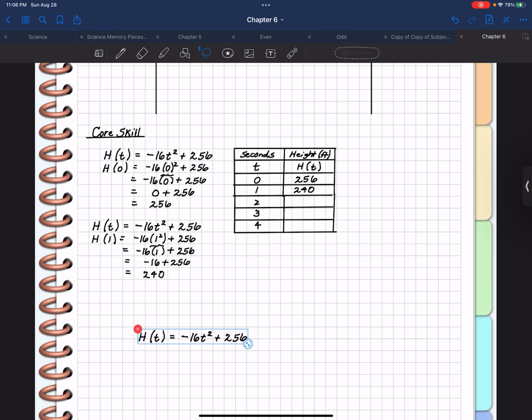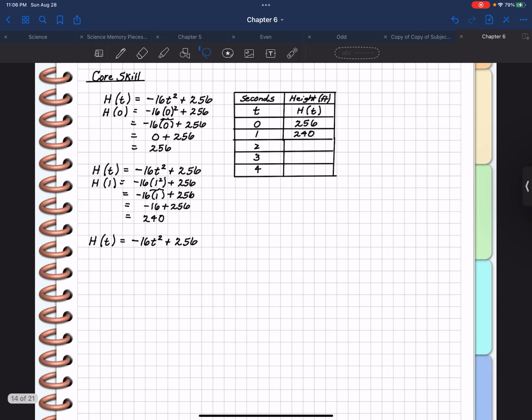Let's plug in again. And this time I'm going to use t of 2. So h of 2 is negative 16 times 2 to the second power, plus 256.